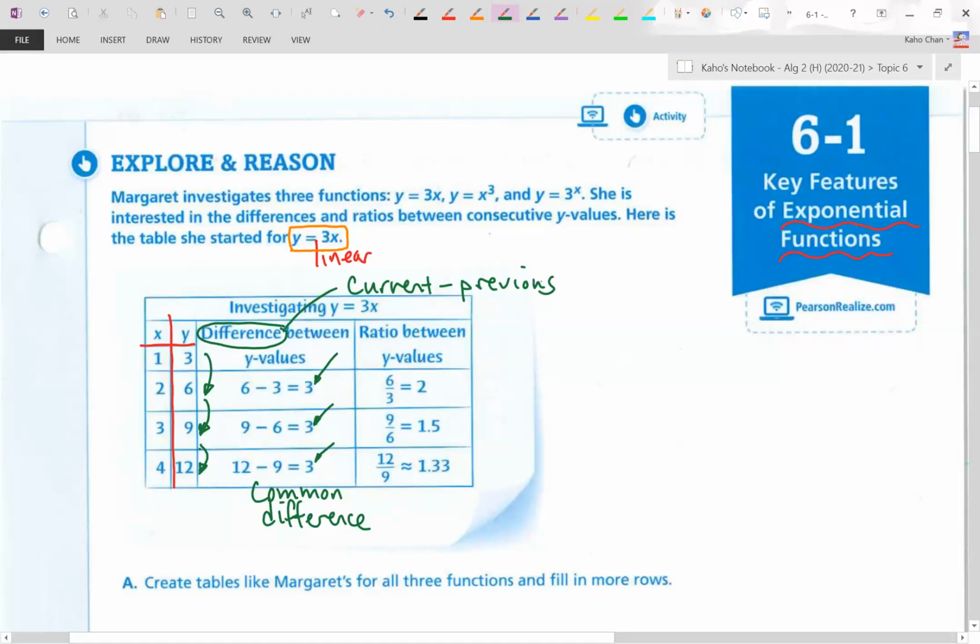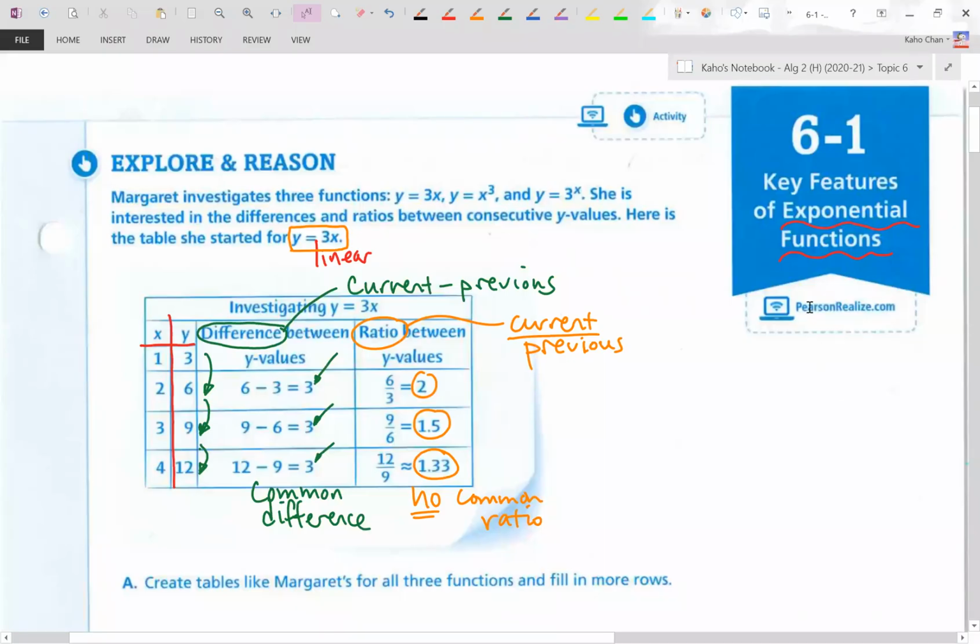But if you check the ratio, ratio means division, current divided by the previous value. We see that there is no common ratio. That's a characteristic of something that's linear. Okay? Pretty straightforward there.